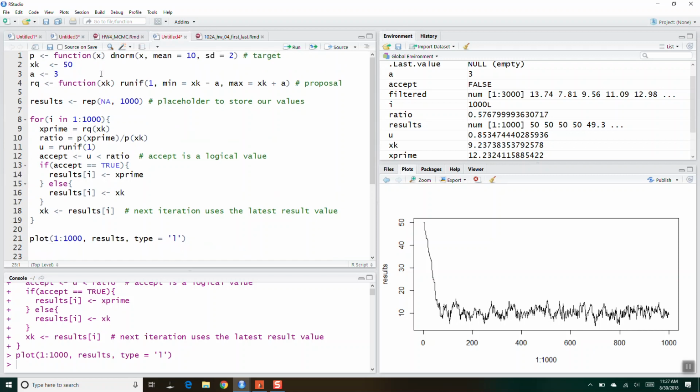I just want to show what happens when I propose new values using our random proposal distribution, instead of 3, what if I did plus or minus 20? Okay, so if I'm at 50, I'm going to propose values between 30 and 70. And if I'm at 30, I'm going to propose values between 10 and 50 and so on. Okay, and if I'm at 10, I might propose values as small as -10 and values as large as 30. What kind of effect will that have on the Markov chain?